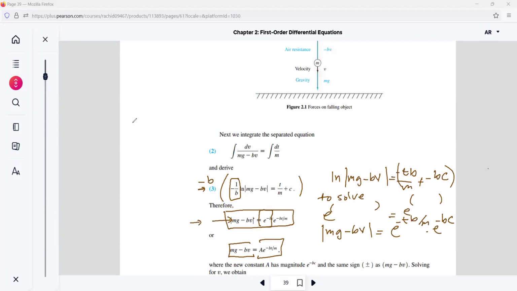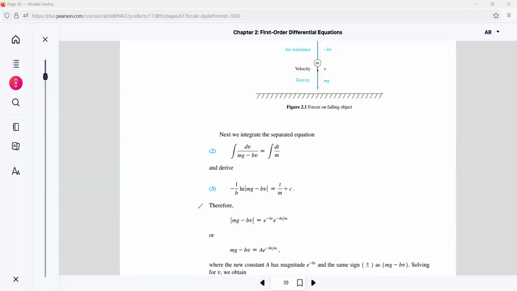But of course, here we're going to look into mg to be bigger than bv for this thing to keep falling. But here also another explanation is that A replaces this other constant and has the same sign as this, which means here you can drop this absolute value.